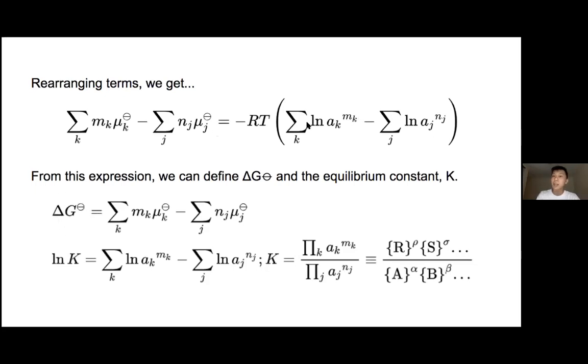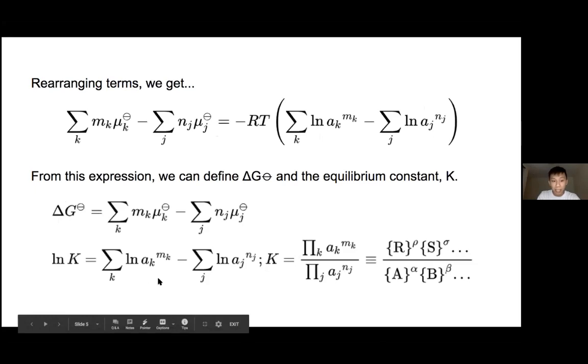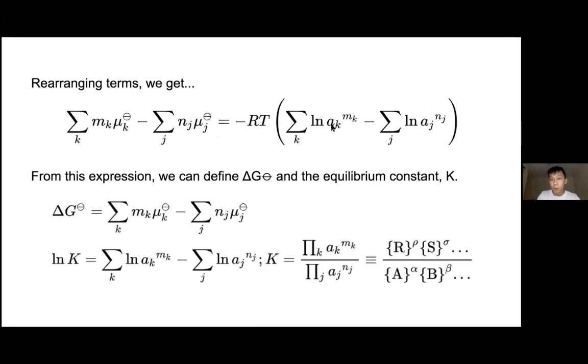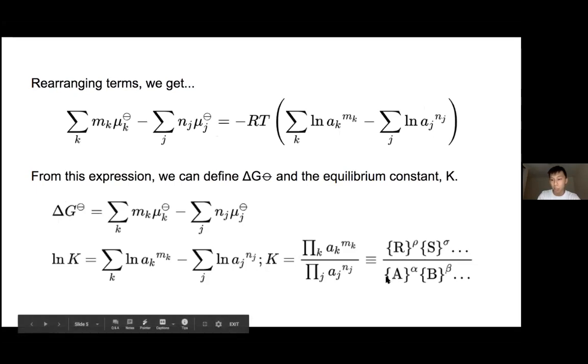And on this side, if you remember your log rules, the sum of the logs is equal to the log of the products. So you can imagine this whole expression as ln K, where K on the top is the product of all your concentrations raised to their stoichiometric coefficients, and on the bottom is the concentration of the reactants raised to their stoichiometric coefficients.